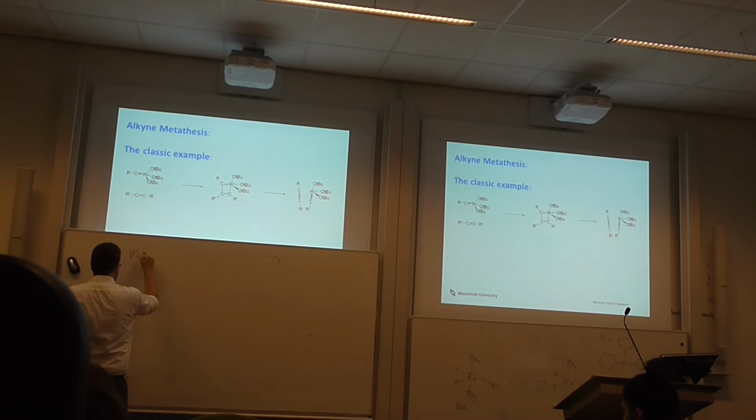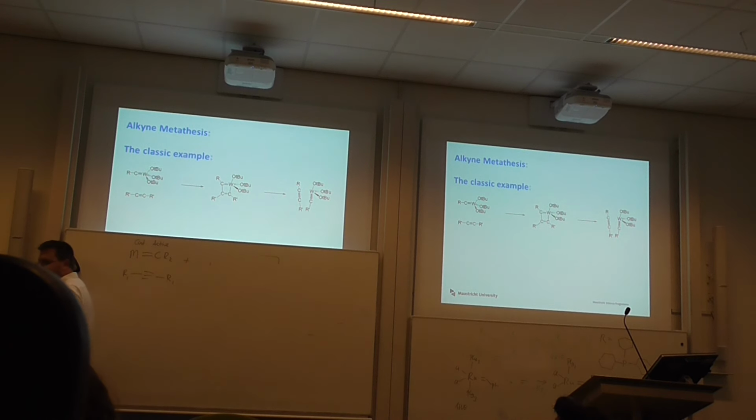Well, let's just write N double bond Cr2 plus, and let's say this is catalytically active. But now I react it with an alkyne. What do you think is going to happen? We make a carbene with a long chain. Yeah, and then that can again.